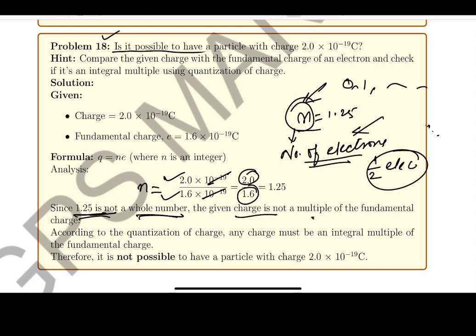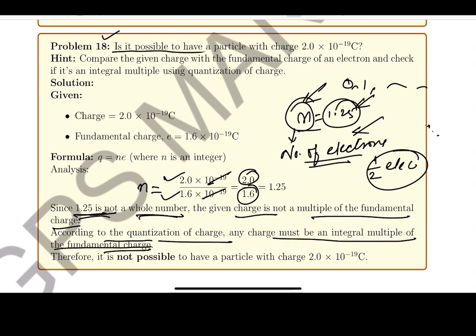So the given charge is not a multiple of the fundamental charge. This is a decimal number, and it is not possible to have decimal electrons. According to quantization of charge, any charge must be an integral multiple of the fundamental charge. So it is not possible.